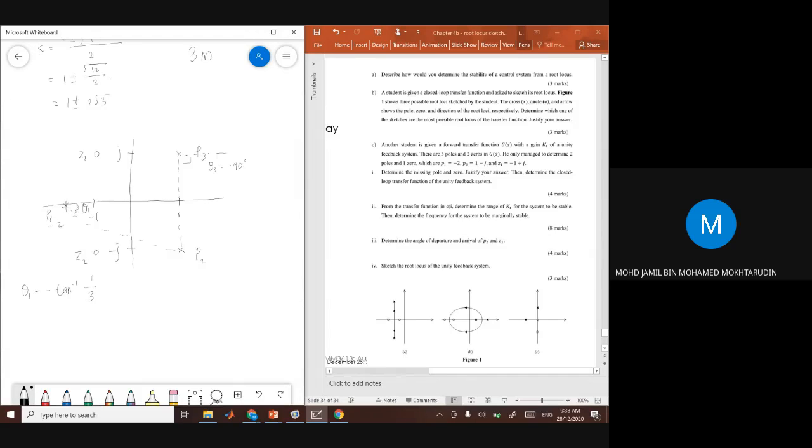Okay, and then the angle to Z2 is basically 0. Okay, angle is 0.